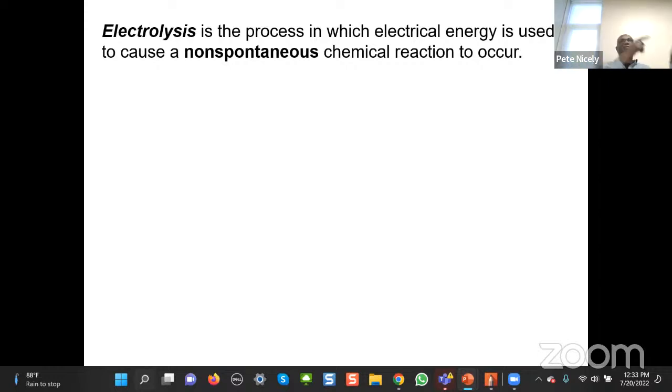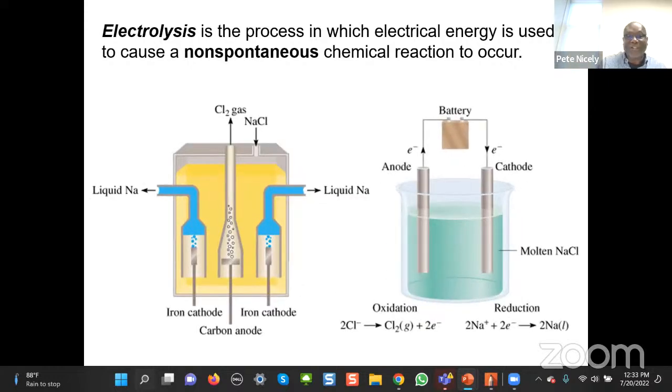When we were discussing galvanic cells, we were talking about using a spontaneous reaction to produce electrical energy or an electric current. What we'll be talking about for the rest of this chapter is using an electric current to drive a non-spontaneous reaction.